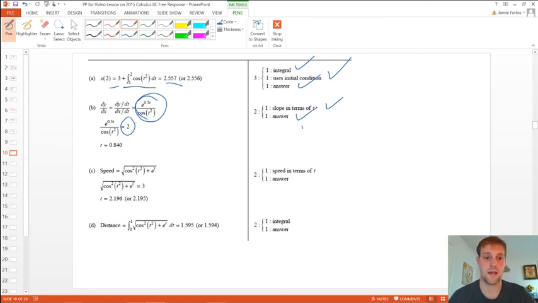Again, this is all done in the calculator. We set up this speed equation, so we got that equation, and we set it equal to 3 and got the answer. And in the last one, we set up the correct integral, which was the integration of what we came up with in C from 0 to 1, and then we got the answer. So good problem, fun problem.